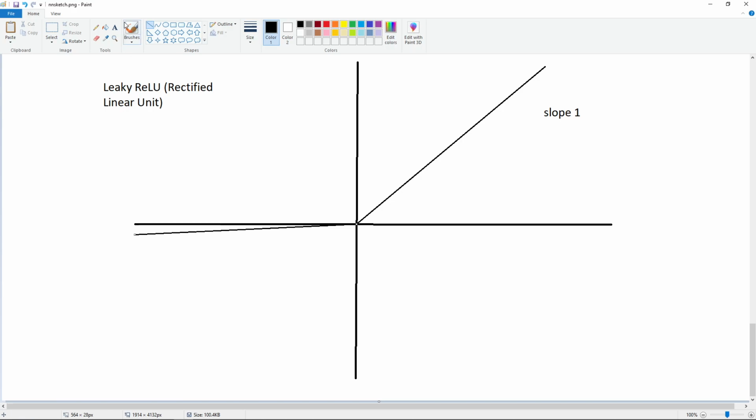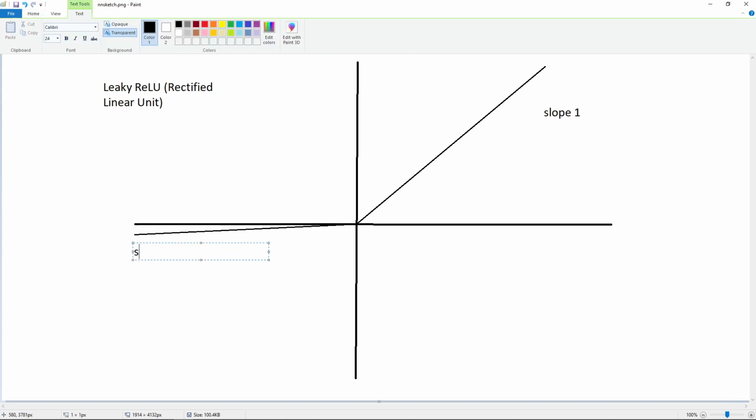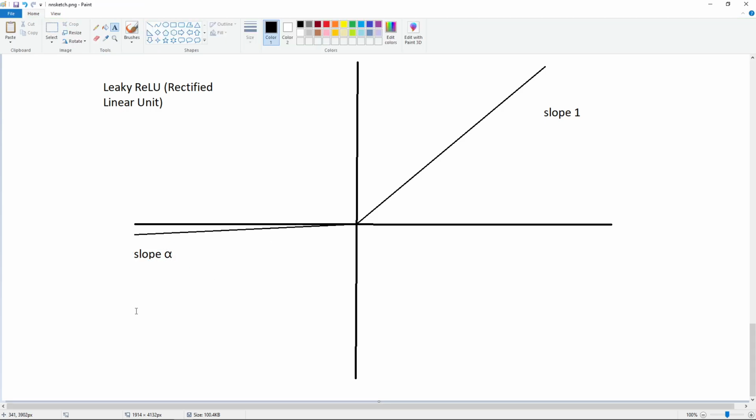So this does not have slope 1. Over here it has slope alpha. And this alpha is a parameter that we can control, and it should be smaller than 1.